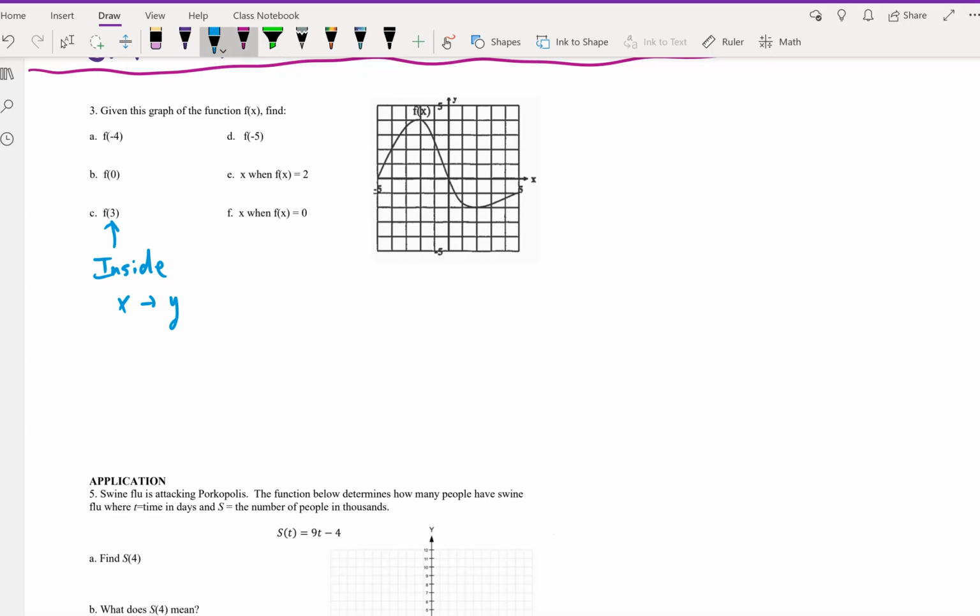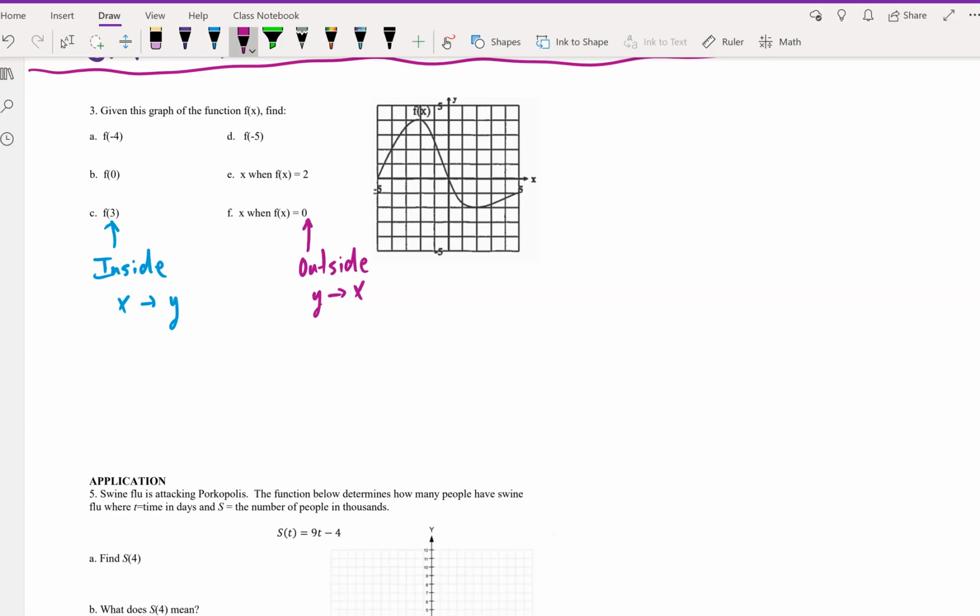And it also has this other kind of situation where you have an output, an outside. So this is kind of our inside-outside function notation, where you're given a y value and you have to work backwards to find your x value.